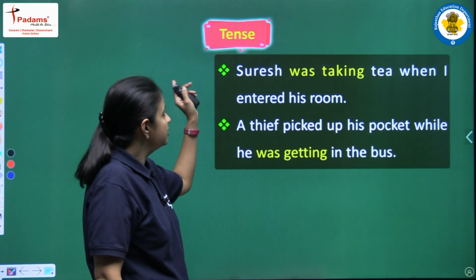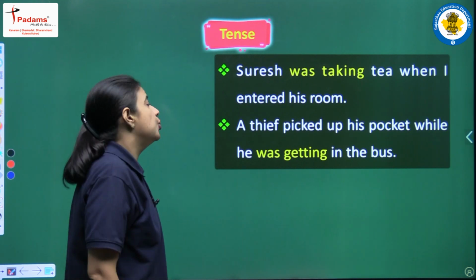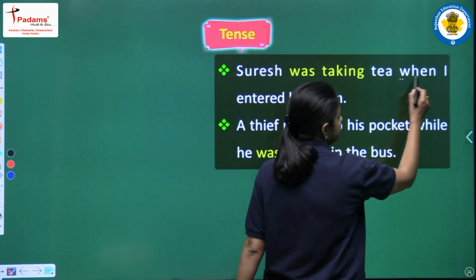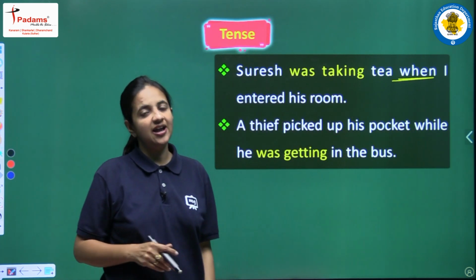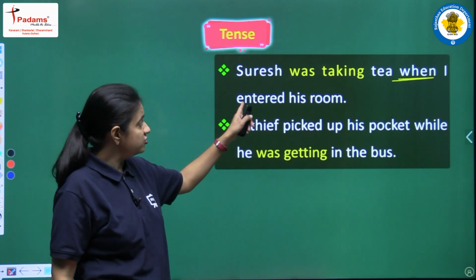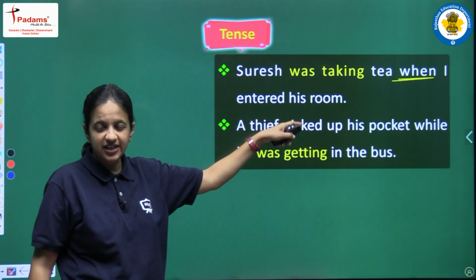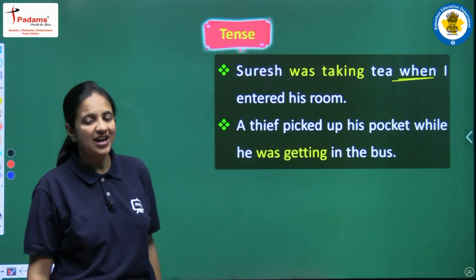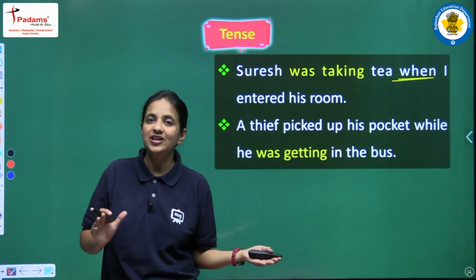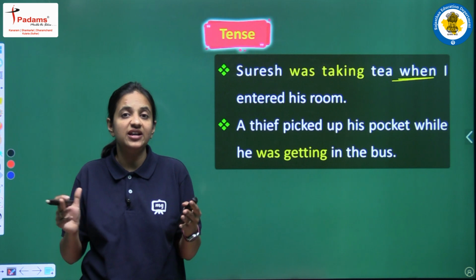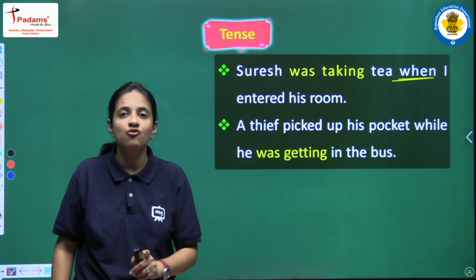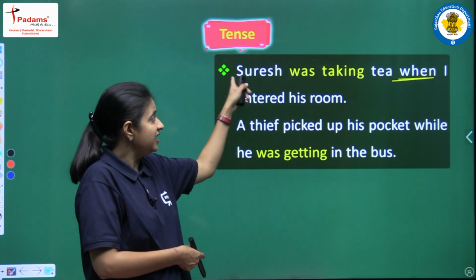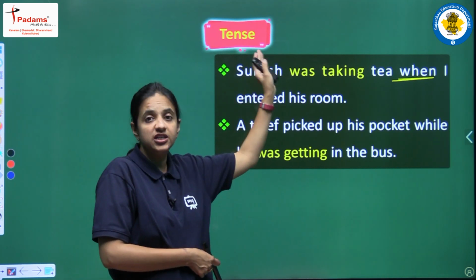The next example is Suresh was taking tea when I entered his room. Again we have one conjunction here, when, and two clauses. The first clause is Suresh was taking tea. The second clause is I entered his room. So again we have two different activities, two different actions, but one action was in progress, one action was continuously going on. That action was Suresh was taking tea.